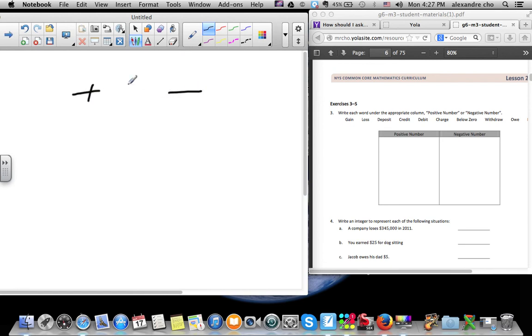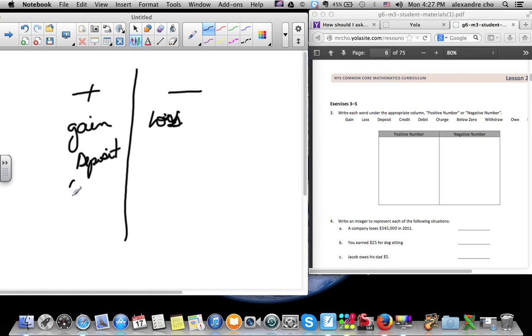Positive, negative. Okay, so gain, I'll draw a line. You can call this gain. Loss would be negative. Deposit would be here. Credit would also be here. A debit, it's over on this side.